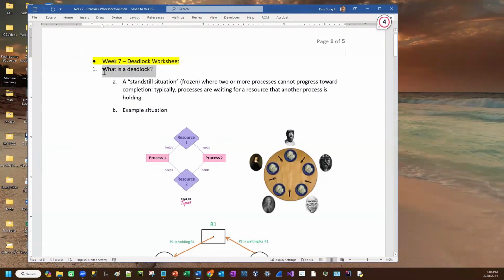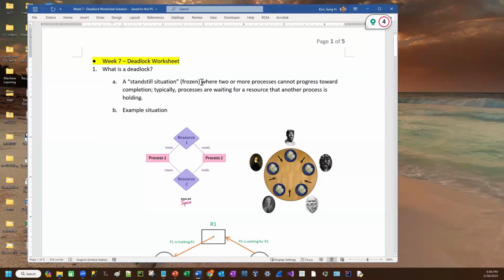We did talk a little bit about what a deadlock is from last time, so I don't need to rehash the whole thing again. Let me get rid of this video to reduce the bandwidth here. But we should begin with a working definition of a deadlock. The exact definition may be a little bit different depending on which book you read and which people you talk to.